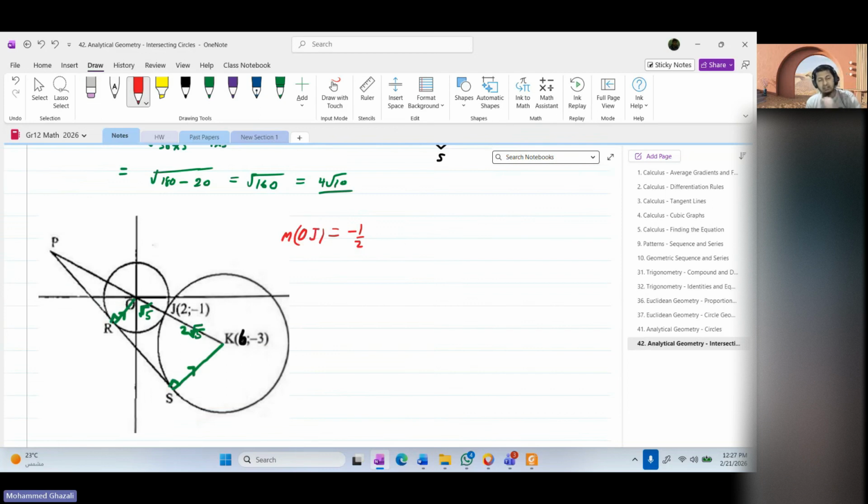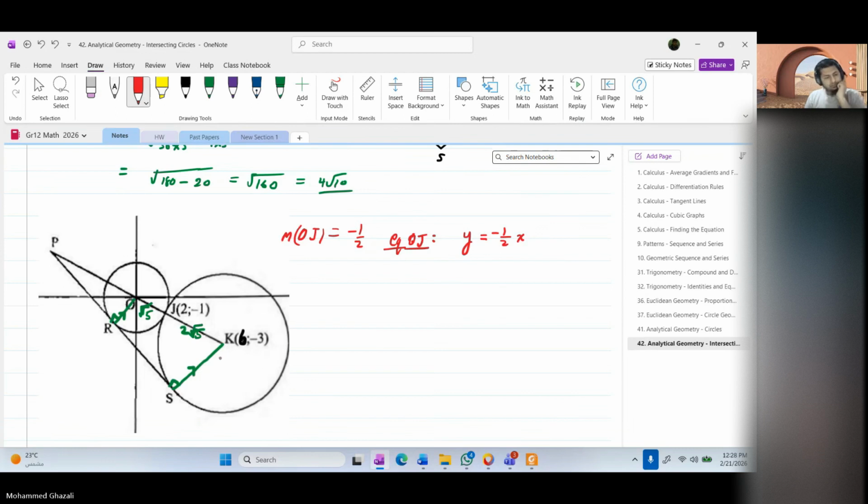And we have a point and it's going through the point J, right? So we can find the equation of OJ. Remember J is the point 2 and negative 1. So y is equal to, well, the y-intercept is 0. So y is just equal to negative half x, right? So that's the equation of PK.